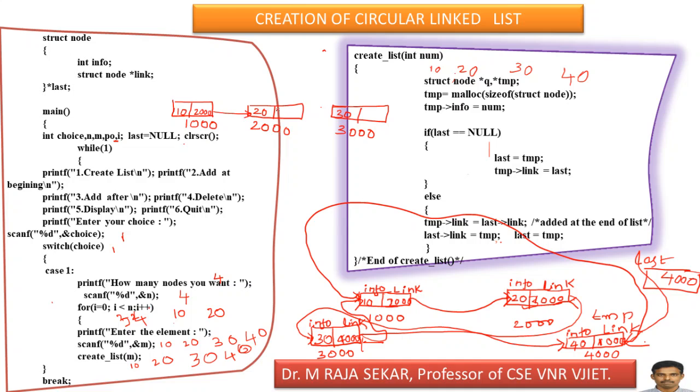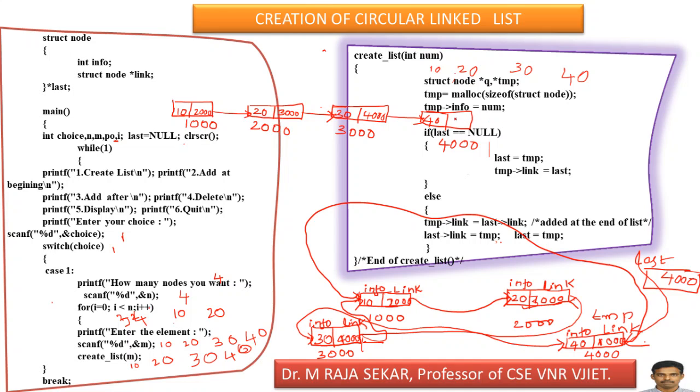This is 30, this must be 3000, this is pointing. And my last node is this, 40, whose address is 4000. Let me say this one is 4000, it will point to this node.